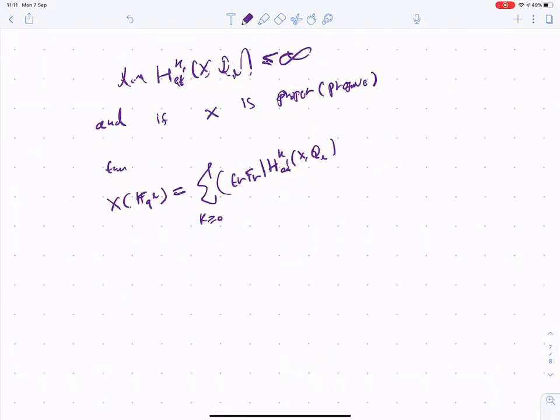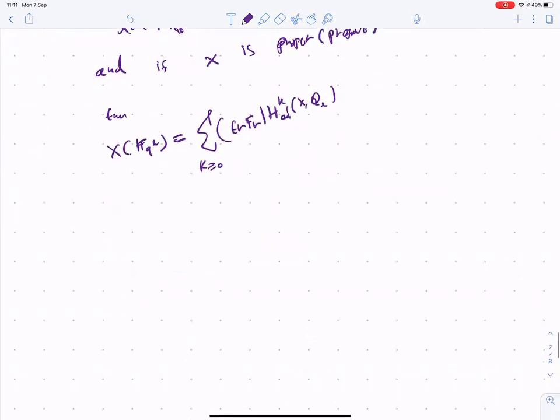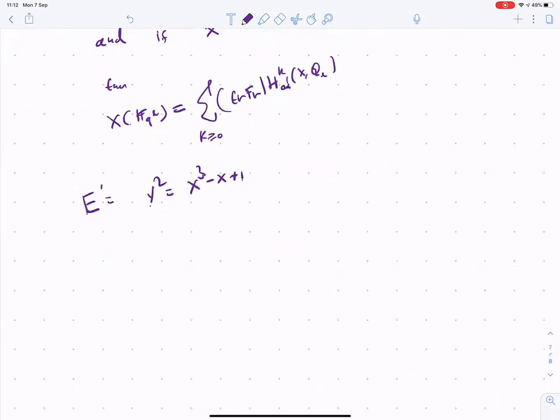Okay, so that's the situation that we're in, and so, for example, let's define E. So recall that we have E prime: y squared equals x cubed minus x plus 1. This is not proper. This is affine. So we can try to compactify this.